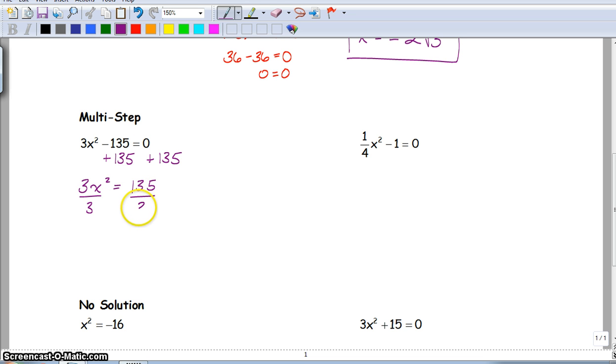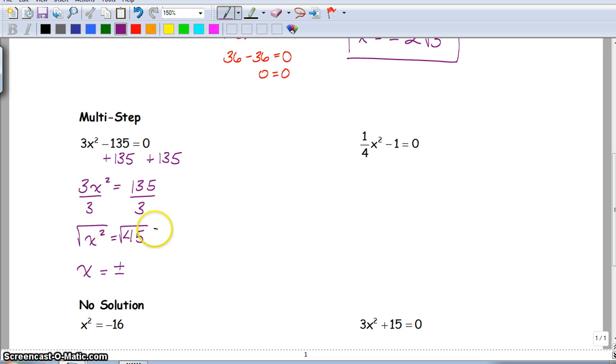Divide both sides by 3, and x squared equals 45. Take the square root of both sides, and x equals plus or minus the square root of 45.